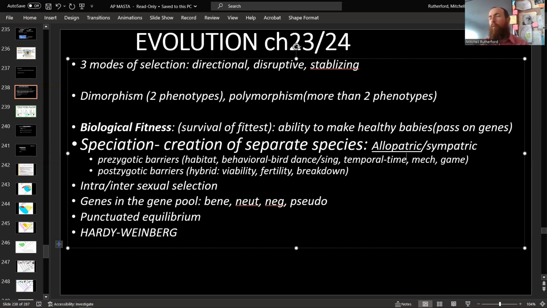But some wombats start preferring sunset, and some wombats prefer more early morning for mating. If there is a difference there, then we could see speciation, the creation of separate species. If they're mating at separate times, then you can separate and have separate gene pools and boom.